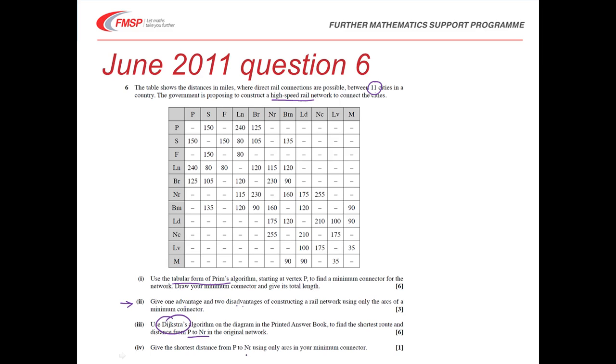Then there's a little tweak here, because they then want the shortest distance from P to NR if you only use arcs that are in your minimum connector, and that crops up because it has a connection with part 2 of the question. I'm going to move on, but don't forget you can always rewind the recording or pause it to read the question at greater length if you need to.